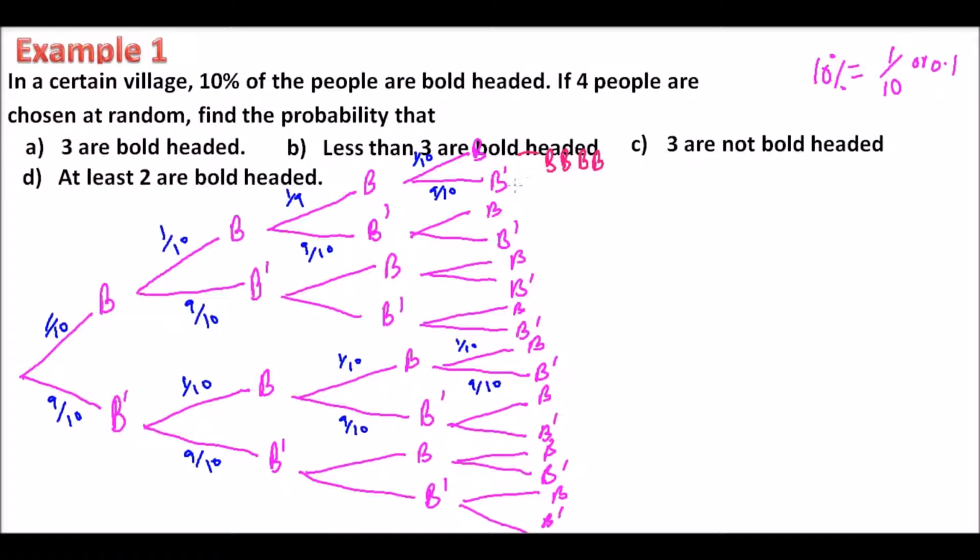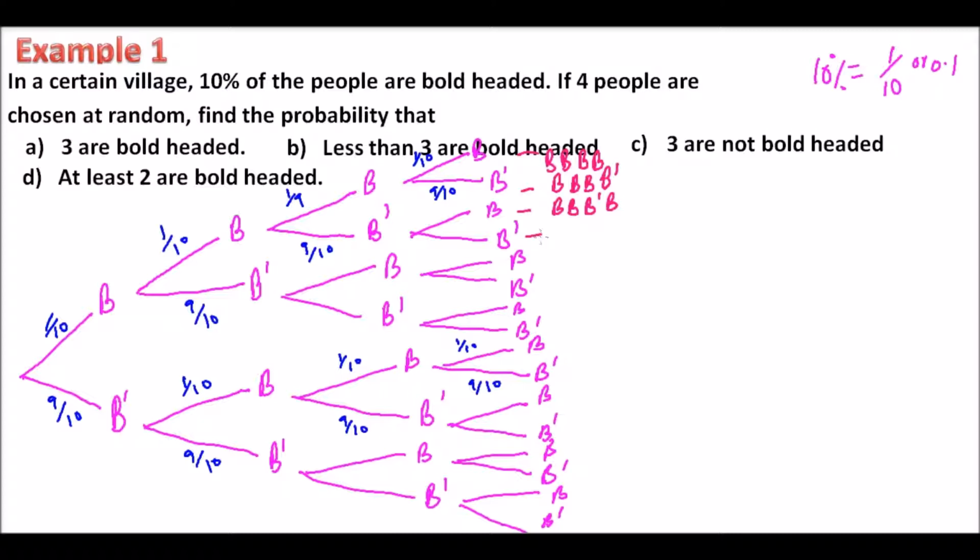The other branch is bold-headed, bold-headed, bold-headed, not bold-headed. The other option is B, B, not bold-headed, bold-headed.